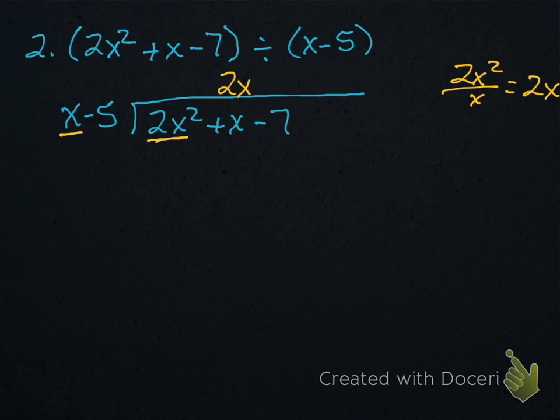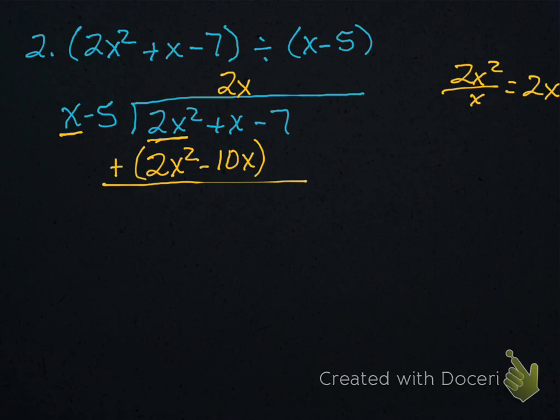Okay, so 2x times x is 2x squared. 2x times negative 5 is negative 10x. And I'm going to subtract that. But then again, we're going to change this to a positive, which means I'm going to change my signs.